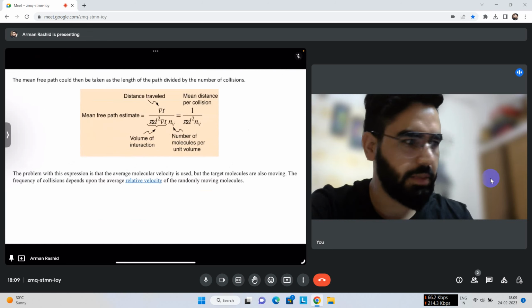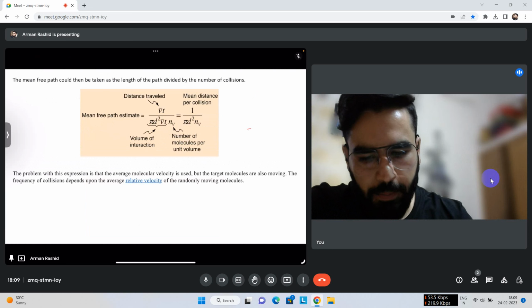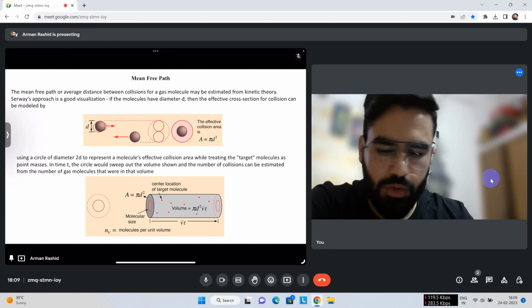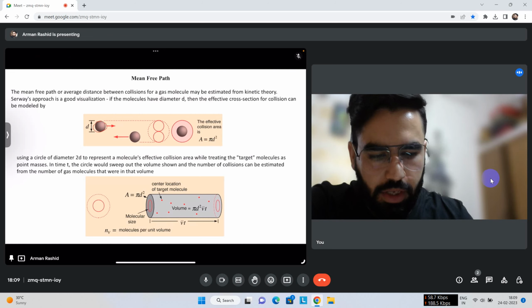So what we have done is use the concept of the mean free path, where we take an object, a metal ball for example, whose diameter is d, and calculate the effective collision area, which is pi d square.